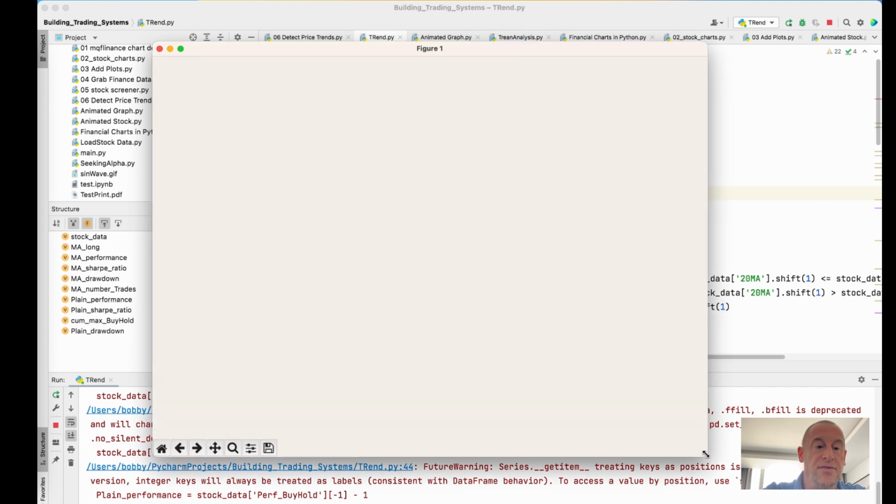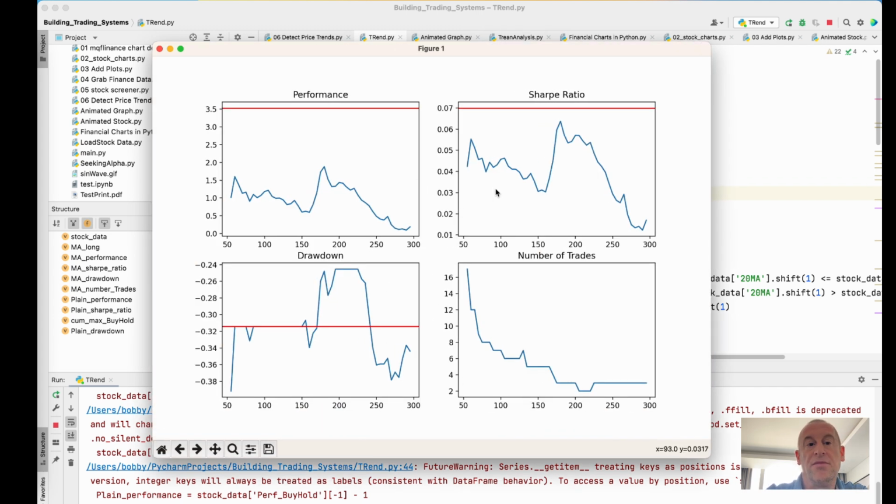And yeah, it seems that it's better to optimize the lower value, but I have a lower performance with a 200-day moving average, but a slightly better Sharpe ratio, and the drawdown is also better in this case.